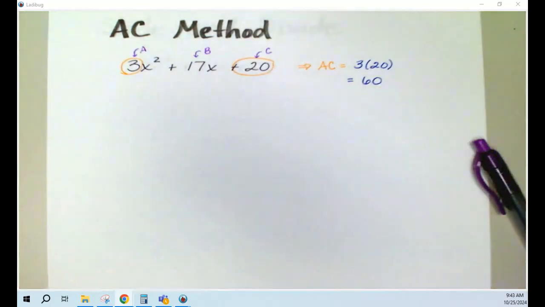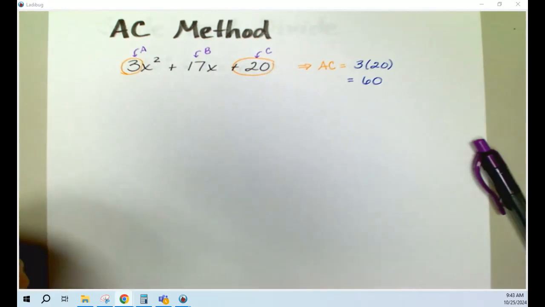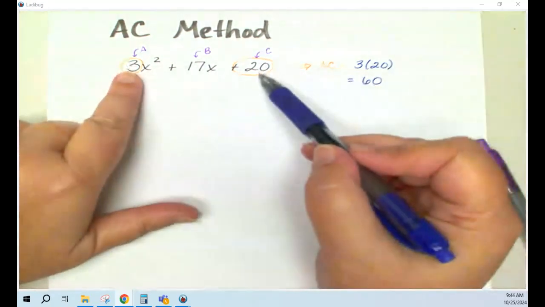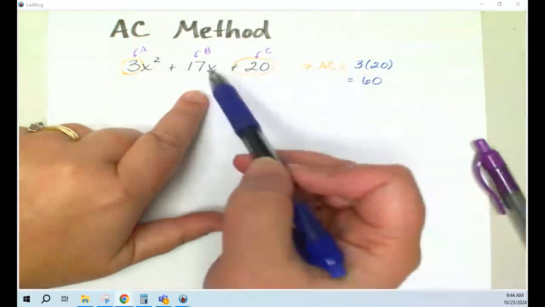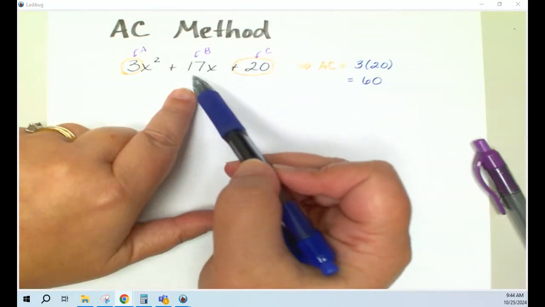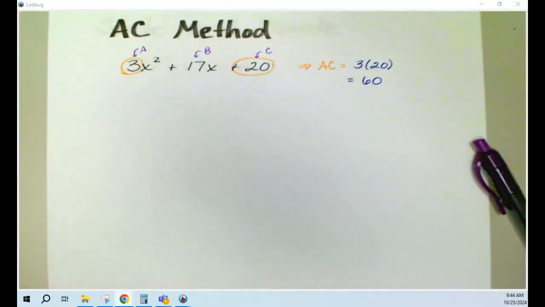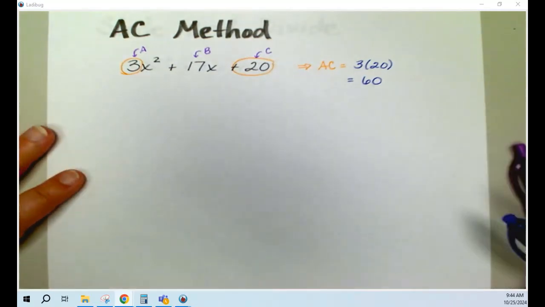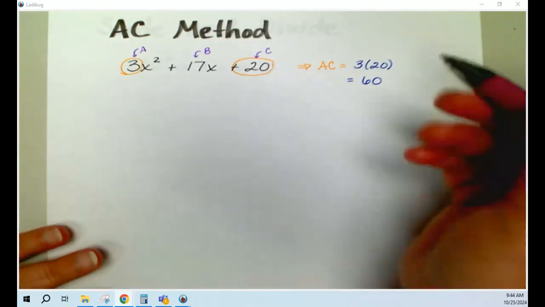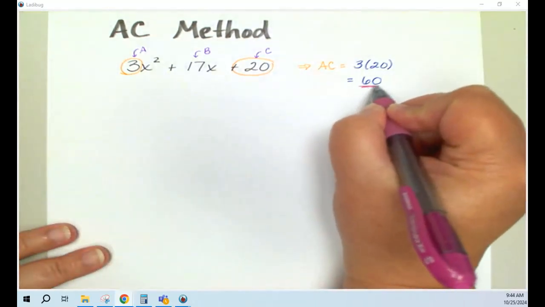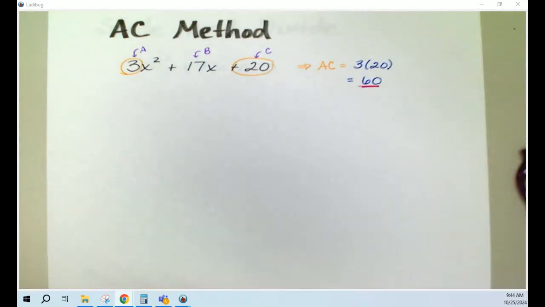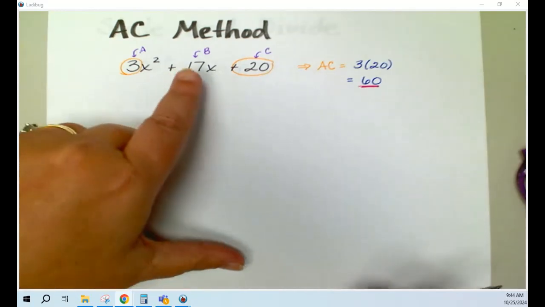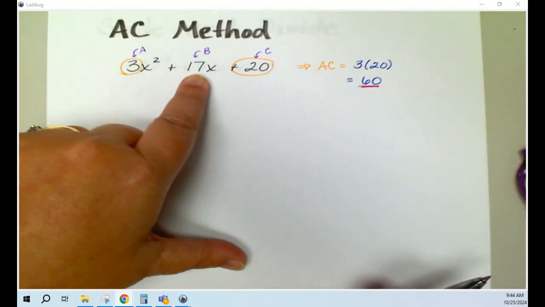Now, when we do the AC method and we multiply this 3 times 20 to get 60, it's going to allow us to figure out how we can split up this 17x to make this a little bit easier of a factoring problem for us to work with. And so what we now want to consider, when we look at this value of 60, is we want to find two numbers that will multiply together to get 60 that at the same time will add to give us this middle term of 17.